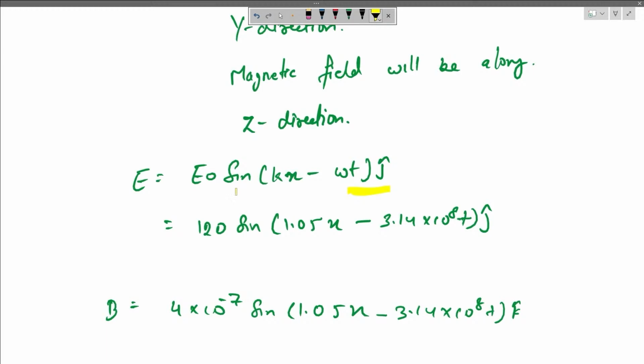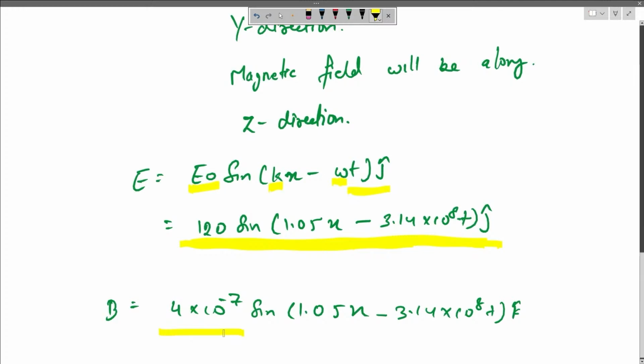Now substituting the values of E naught, that is the peak magnitude of the electric field, and k, that is the wave number, and omega, that is the angular frequency, we will get the expression for the electric field of this electromagnetic wave. Similarly, substituting the corresponding values of the magnetic field magnitude, wave number and so on, we will get the expression for the magnetic field in this electromagnetic wave.